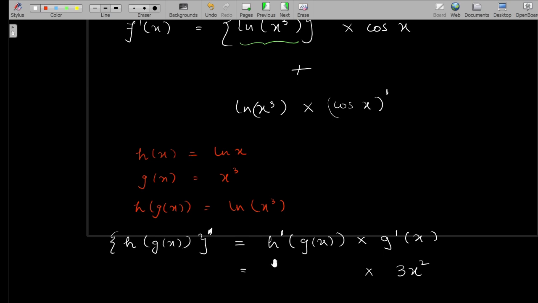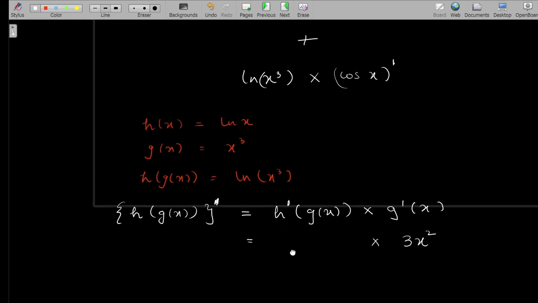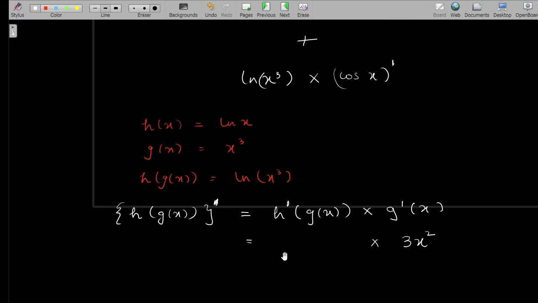And what will be the derivative of ln x cube? Will it be ln 3x squared? No. Just ignore whatever is inside. Just consider this as you're finding the derivative of ln x, and then in your answer replace x by x cube.